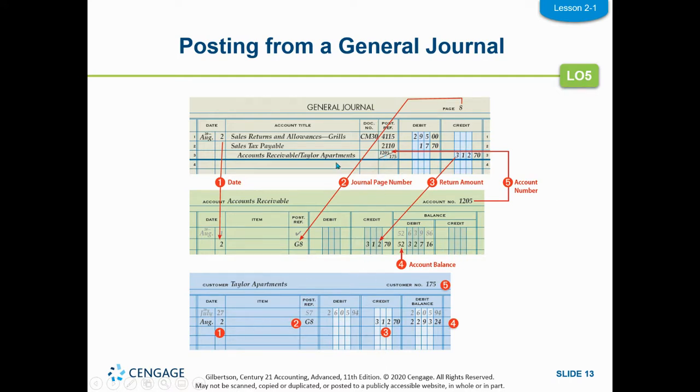This just shows the posting of this entry, so you can see that the numbers sit on top of each other. Like I said, we've done this before with just sales returns and allowances. This is nothing new. The only difference is it now says sales returns and allowances slash, or dash, grills. That's the only difference.